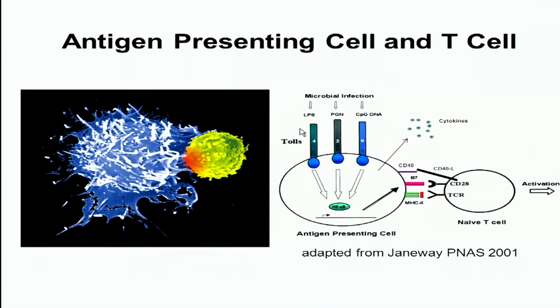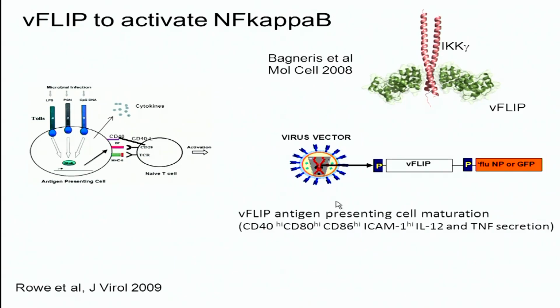And what normal microbes do, pathogens like bacteria or whatever, is they trigger receptors on these antigen-presenting cells to stimulate this signaling pathway. And so Helen Rowe, who was a PhD student in my lab, had the good idea that we might actually be able to deliver an antigen together with something that would stimulate this signaling pathway, using HIV as a delivery vehicle.